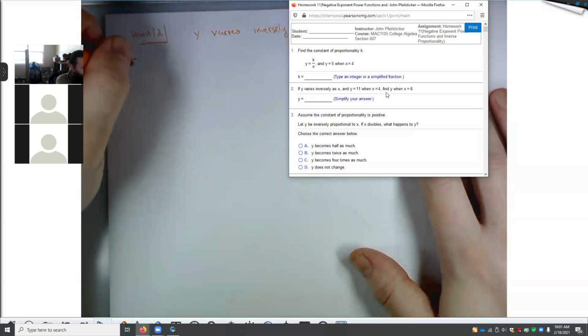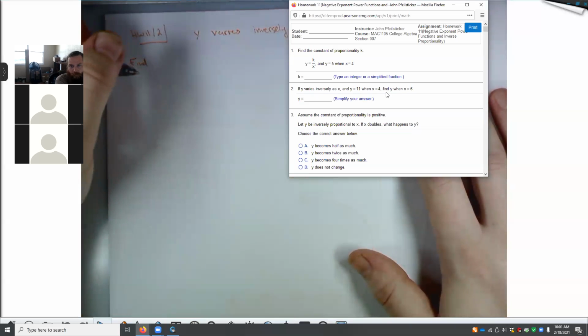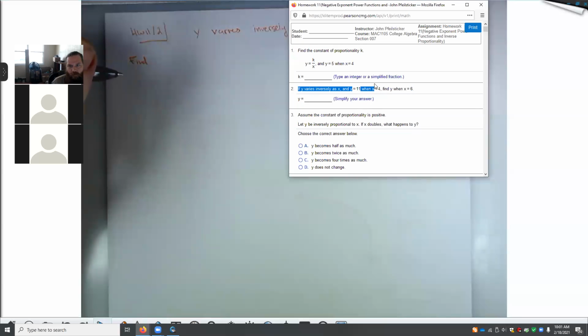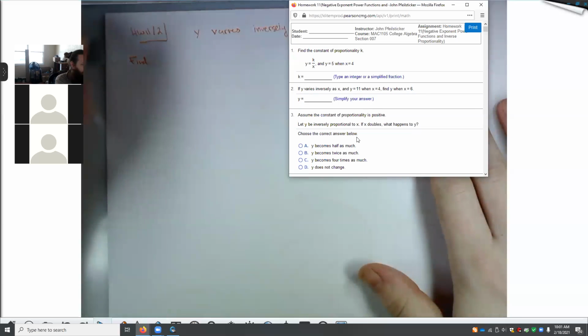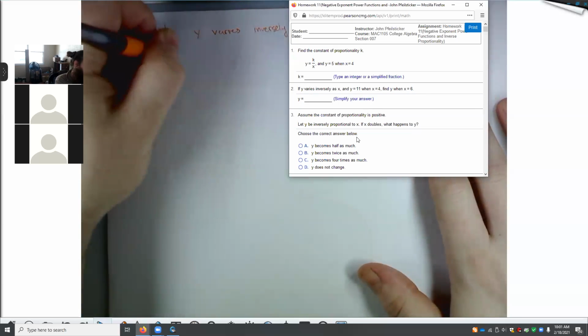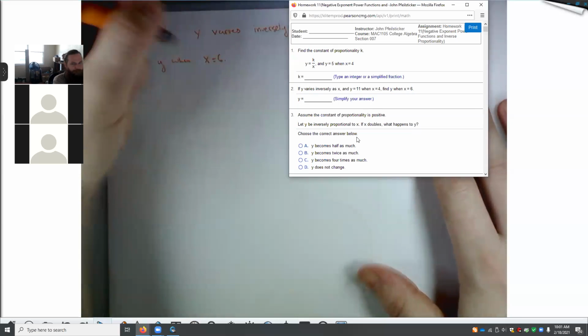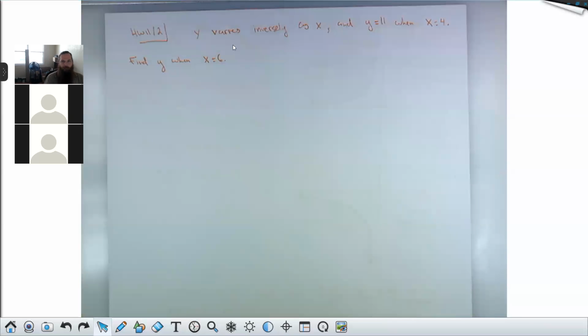They want us to find, wow, that should really be a period. That's bad grammar. Those of you who have finished 1102 recognize everything up to the 4 here as being a complete sentence. And this is a new sentence with a new verb and a new subject. Find y when x is equal to 6. Okay.